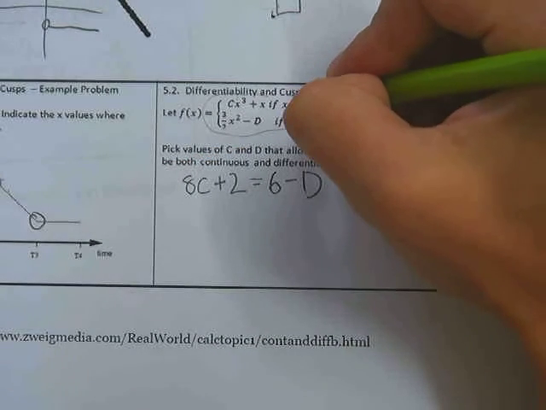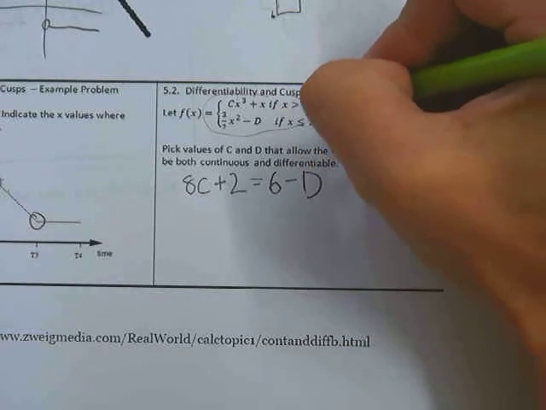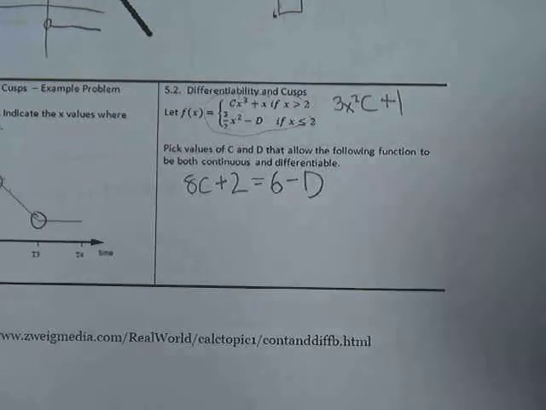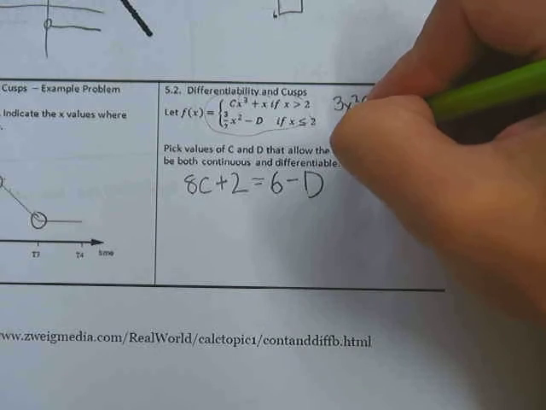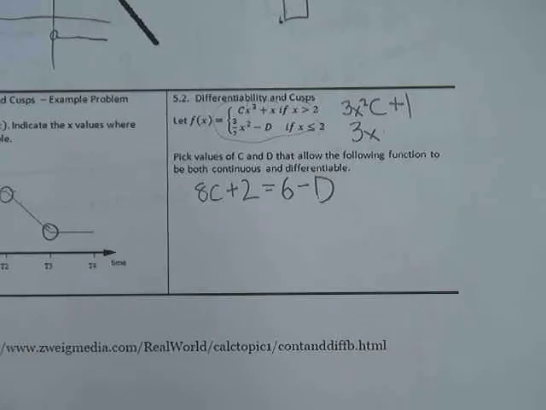So if we take the derivative, we get 3x squared c plus 1. And here we get 3x. And d is just a number. Both c and d are just constants, so the derivative of that is nothing.